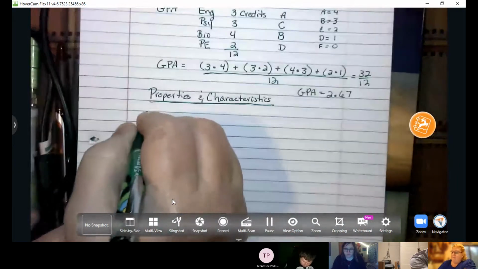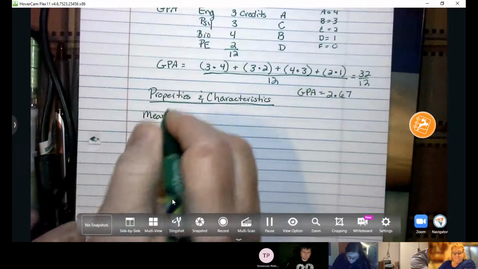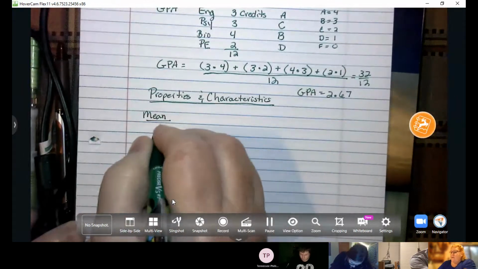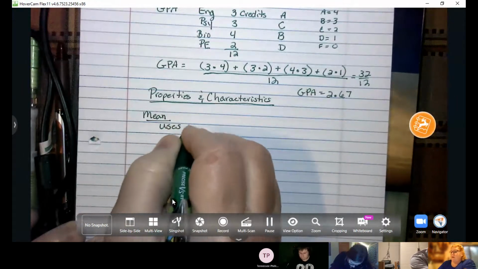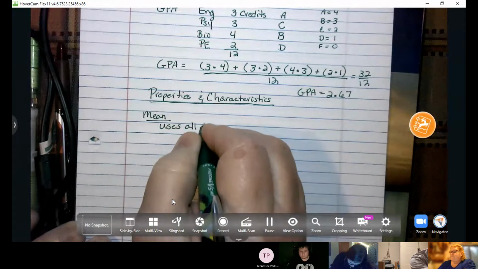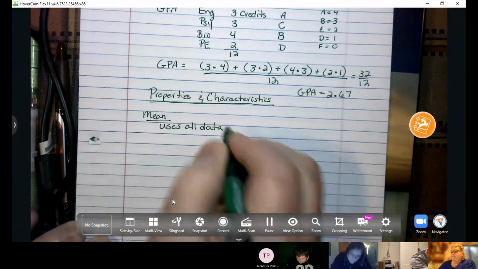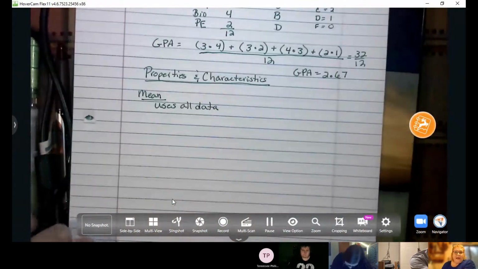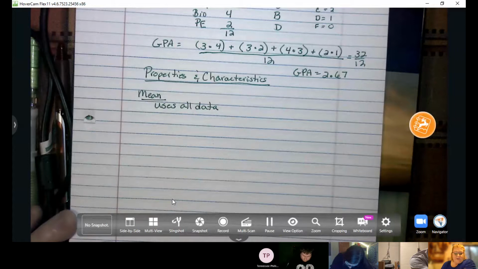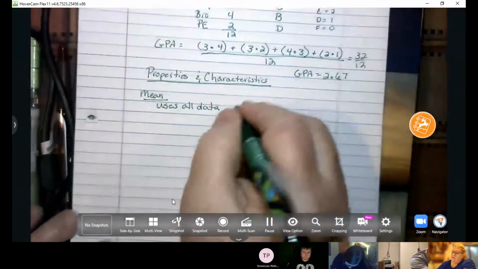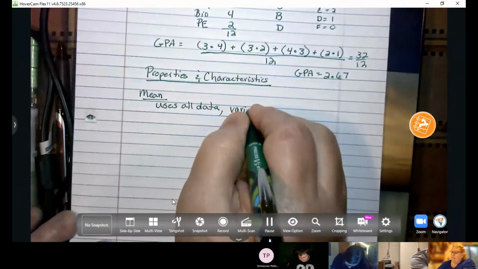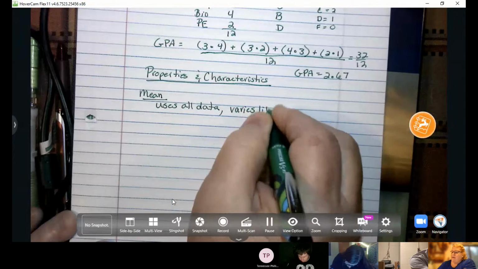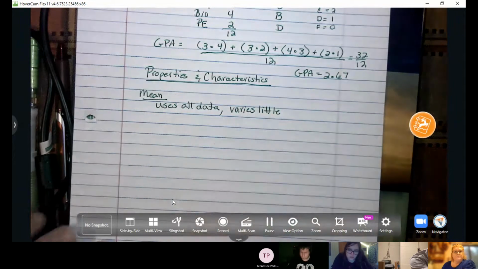So for the mean, it uses all the data. When you want to use all the data, the mean is a calculation that you would want to use. It varies little.